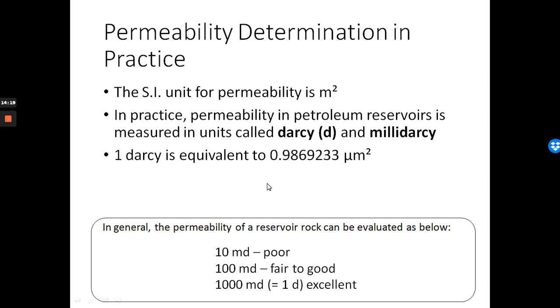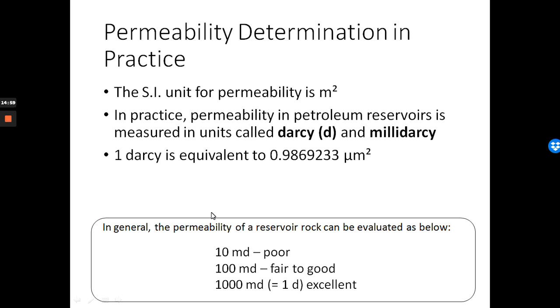So in petroleum geology, we say that if you have a permeability in the range of tens of millidarcies, it's a poor reservoir with low permeability. If you have permeability at the scale of hundreds of millidarcies, that is fair to good, an okay reservoir. But if the permeability of your sandstones, let's say, is up to one darcy or even more, 1 darcy equals 1000 millidarcies, that is a very good reservoir with very high permeability.